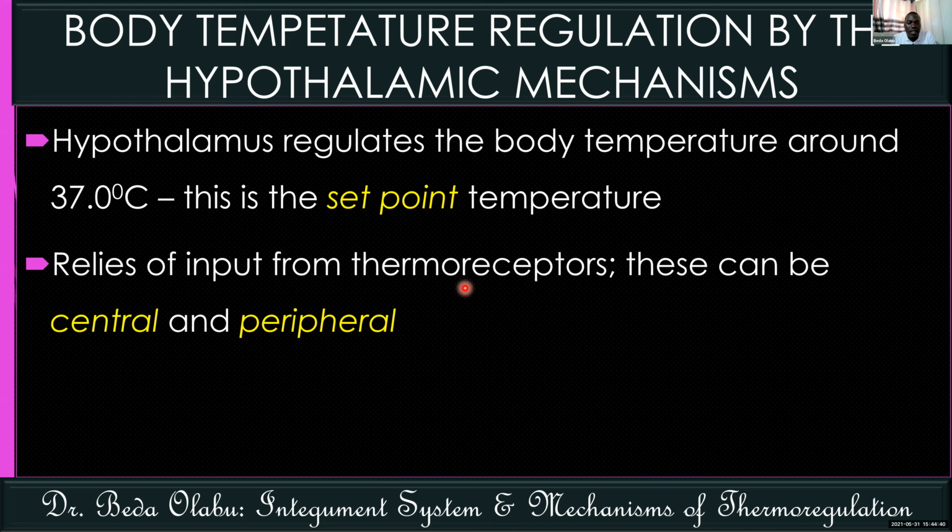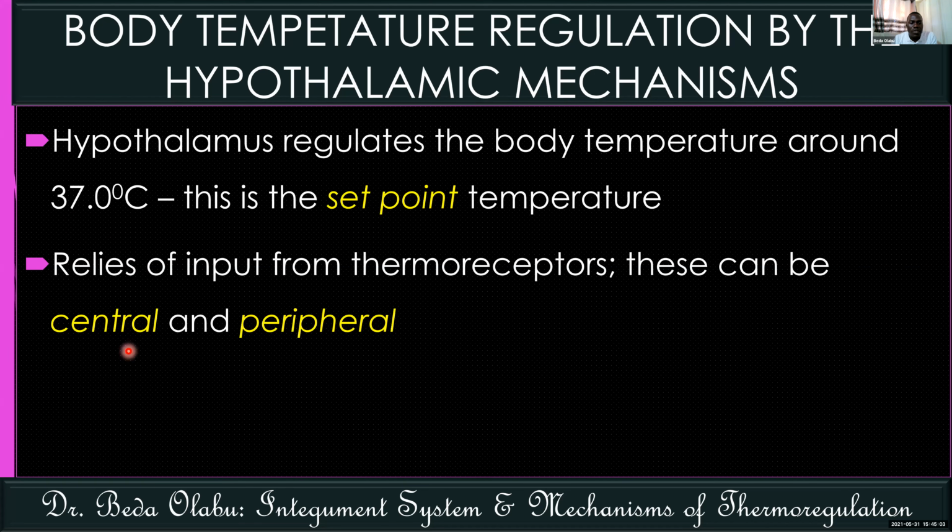The thermoreceptors are there. They're the ones that detect body temperature. And so it will rely on the information coming in from the receptors. What is the body temperature from those receptors? It is comparing with the set point temperature within it, then making that decision.